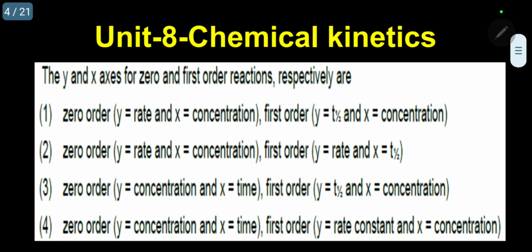First order, y equal to t half and x equal to concentration. And 4, zero order, y equal to concentration and x equal to time, first order, y equal to rate constant and x equal to concentration. So there are 4 options given. From the graph, we have to find out which is the correct one.